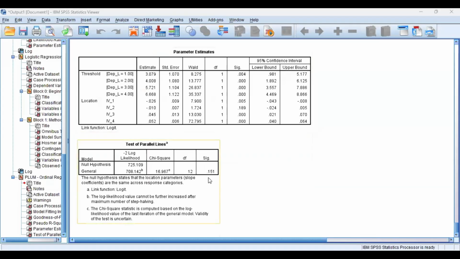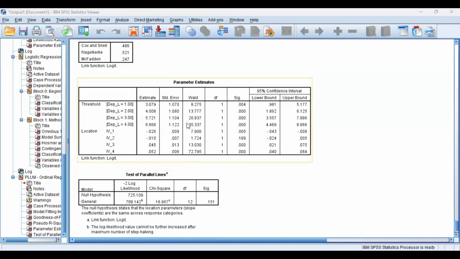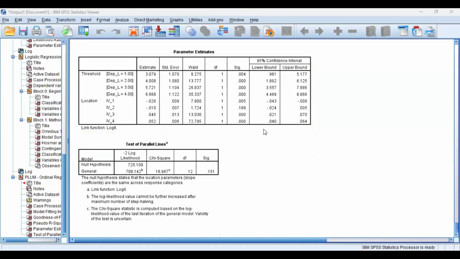So in general, if it's like this, it is okay. You don't need to do anything, but if it's violated, you may want to run a multinomial logistic regression. However, in general, if you want to use ordinal logistic regression, I would recommend you associate that with a multinomial logistic regression because it can give you a better picture of your data.